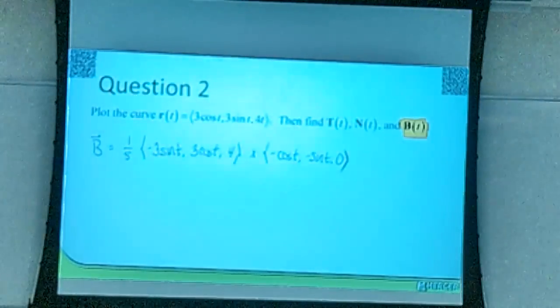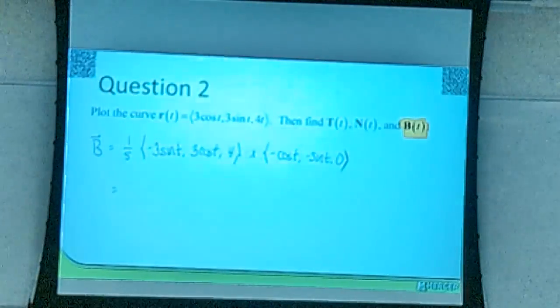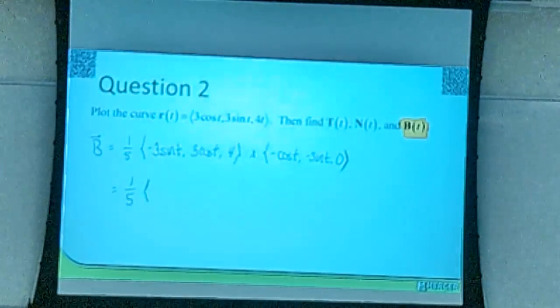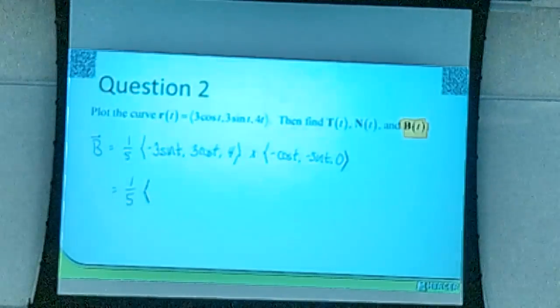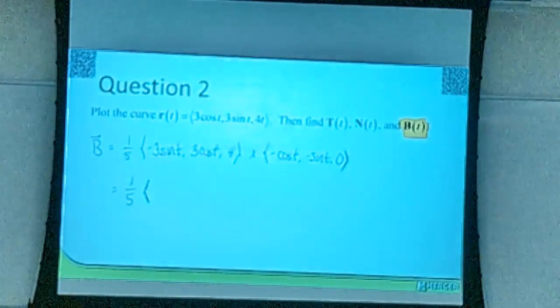Again, I'm leaving that 1/5 factored out, because we can use the scalar multiple property to say it's going to be 1/5 times the cross product of just the vectors.